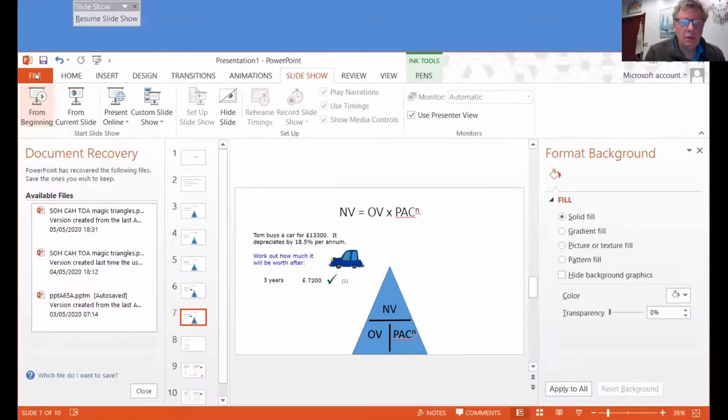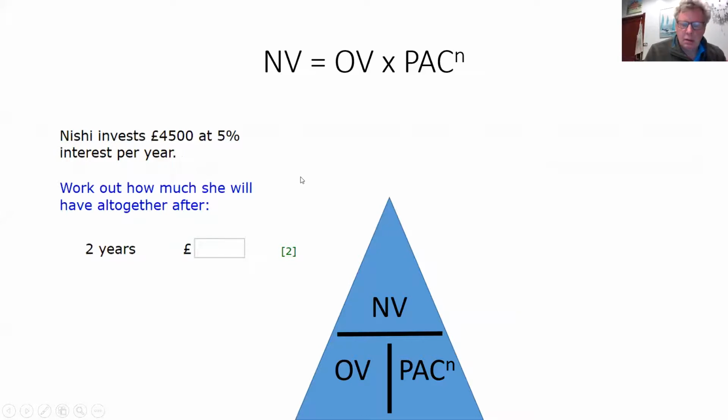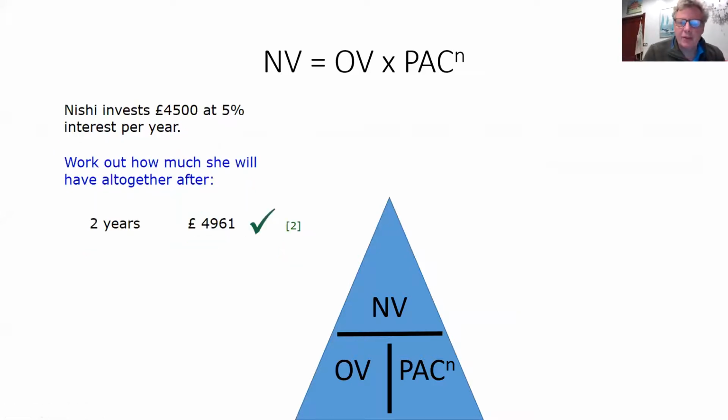Now it wants to do a whole number, and so we're going to do 4,961. And we look at it, there is the answer, 4,961.